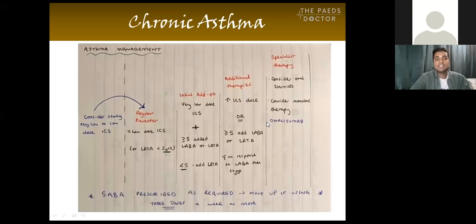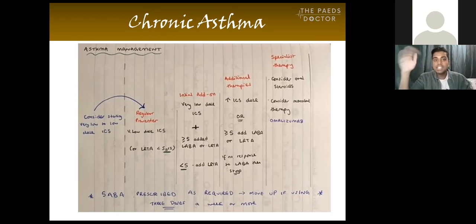So next, chronic asthma management. This is what I've written up from the BTS guidelines for chronic asthma management. Children you tend to diagnose after the age of 3 or 4, when they're walking, etc., and you can assess their lung function properly. Looking at this graph, I know it's a lot going on, but it's a stepwise approach up the ladder.